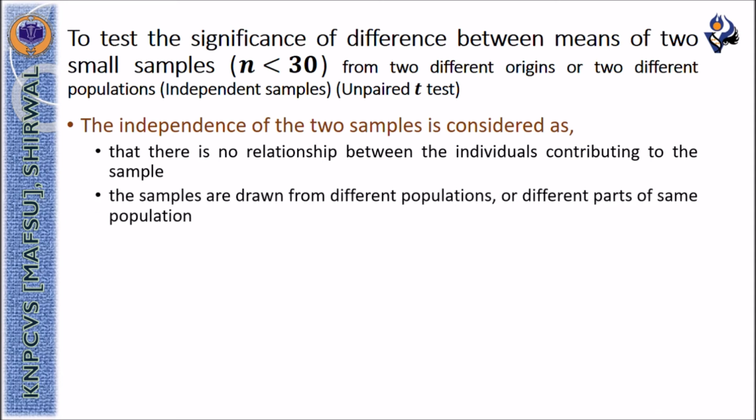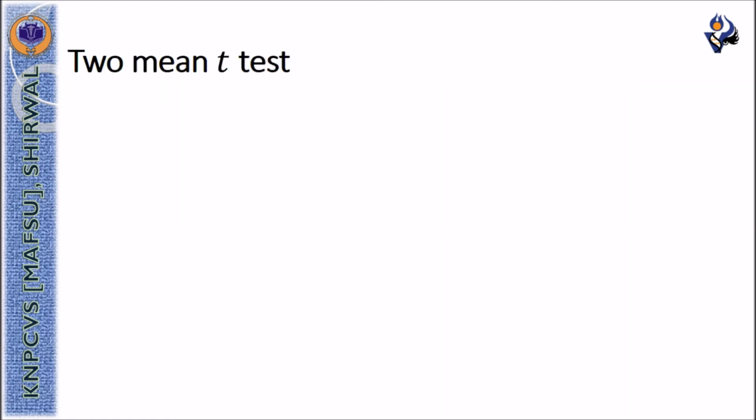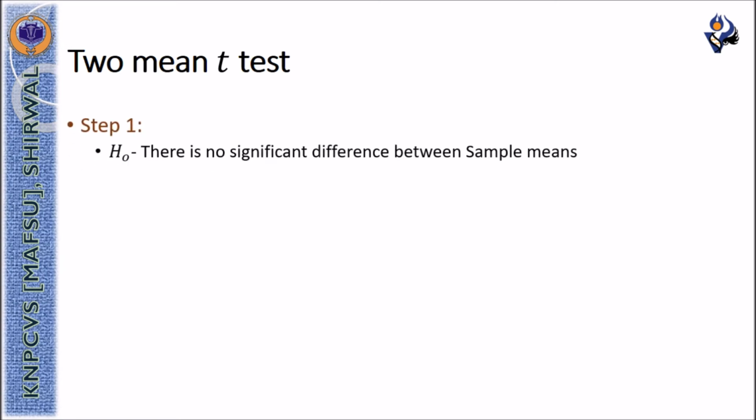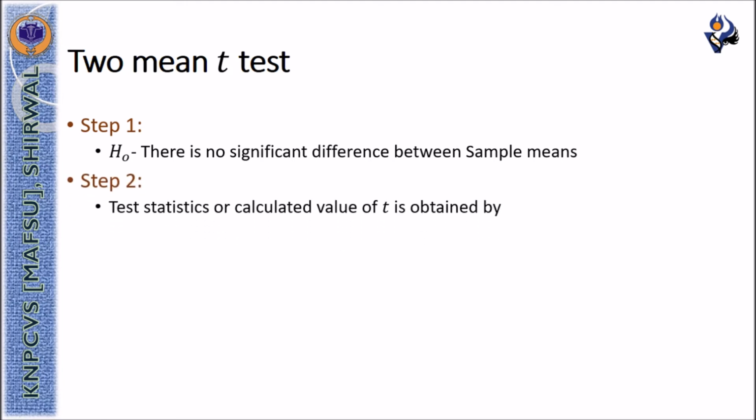The samples are drawn from different populations or from different parts of the same population. In this case, the samples are considered as independent samples. Comparison of such means is known as two-mean t-test, where the null hypothesis is put forth as that there is no significant difference between the sample means.